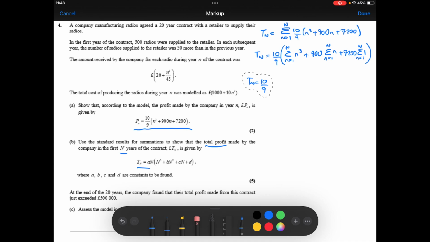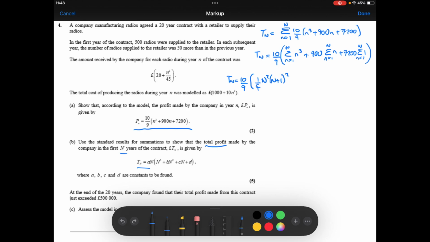Right, using our standard results. The sum of n cubed is 1/4 capital N squared times (n plus 1) squared. So this is that.